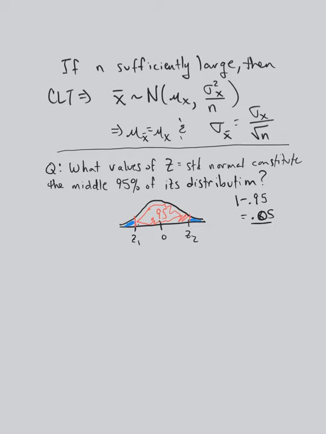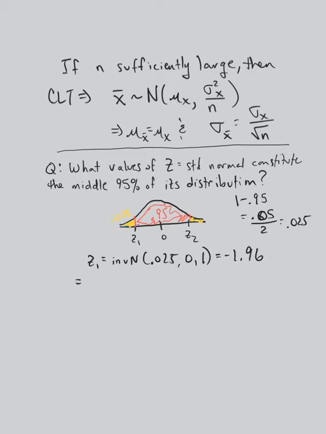Then we need to divide that evenly among the tails, and so we get 0.025 in each tail. So the area right here and right here, each one of those is 0.025. If you remember how to find Z1, it's just the inverse normal with the tail area of 0.025, mean 0, standard deviation equal to 1, and that comes out to be negative 1.96 whenever you compute that.